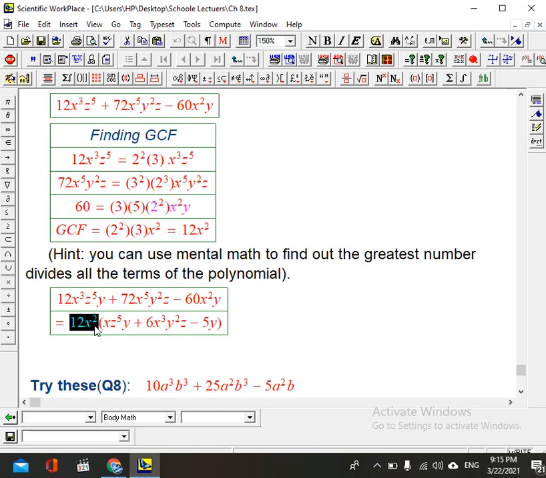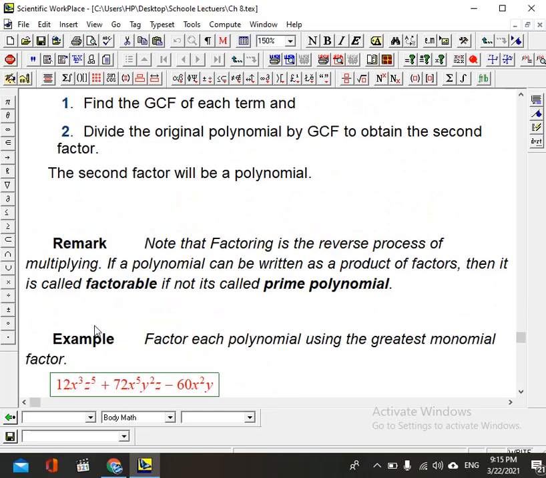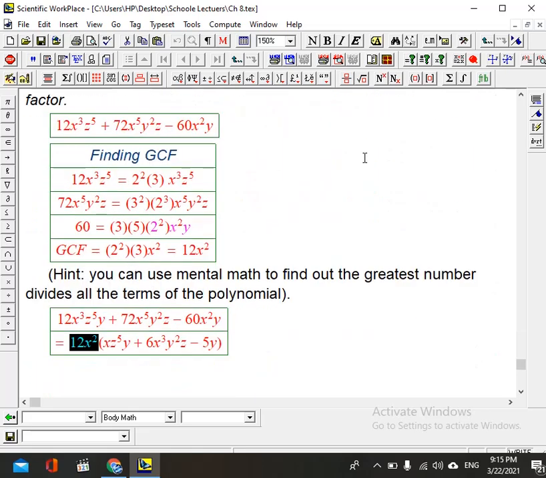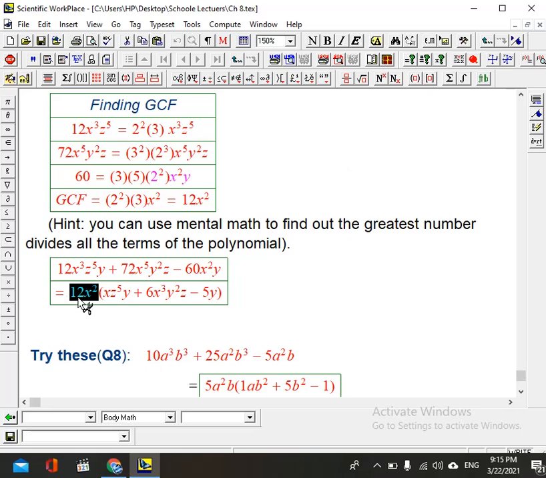I will take out, as a first step, what I said. First step, find the GCF. We found it. Divide the original polynomial by the greatest common factor. This is the second step. So I will take it out, and start dividing.